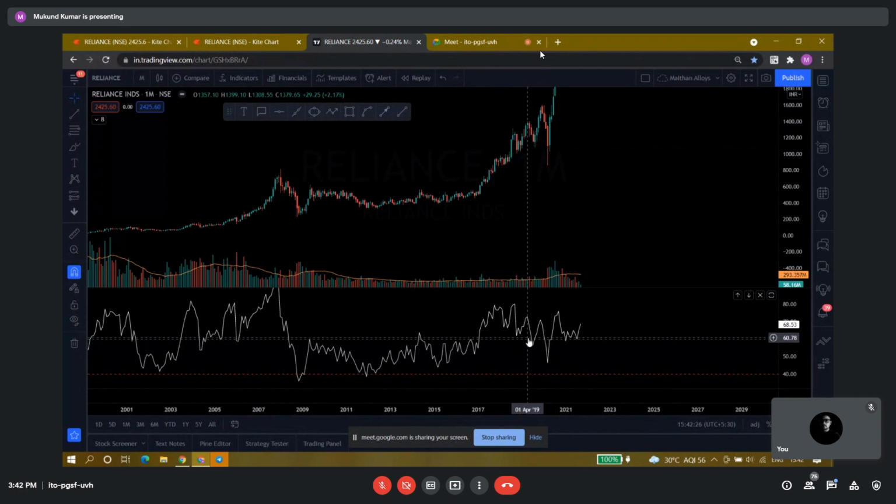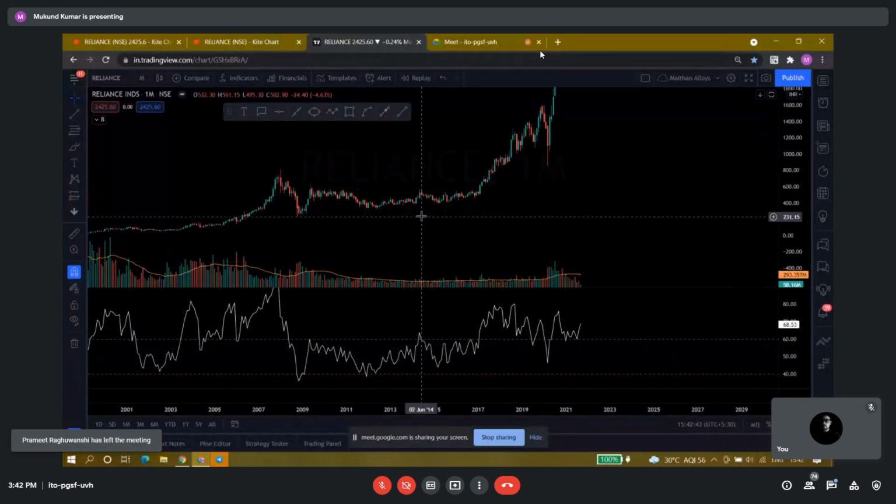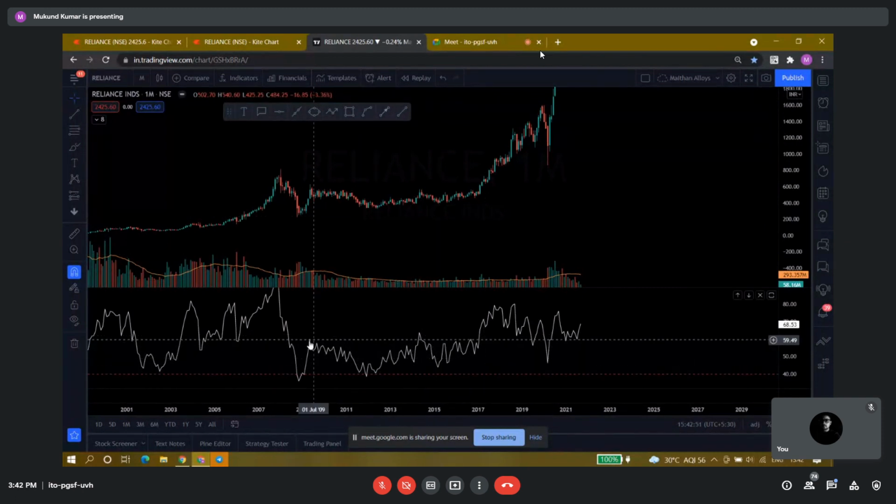At this point of time, you made a huge return in just 2 years. However, keeping your money in Reliance for 9 years has not given you the return that it should have given, or that you would have got from different stocks if you had taken your trade with this RSI concept.